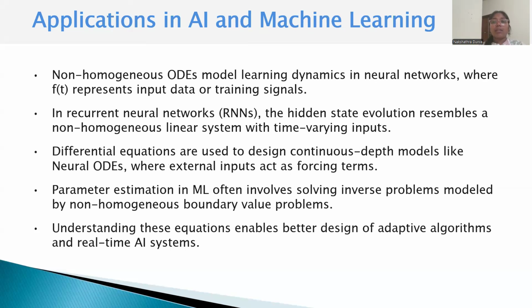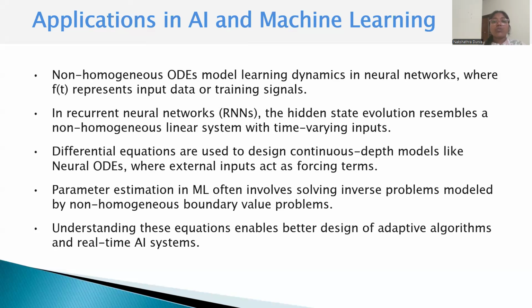Applications in AI and ML. Non-homogeneous ODEs model learning dynamics in neural networks, where f of t represents input data or training signals. In recurrent neural networks, known as RNNs, the hidden state evolution resembles a non-homogeneous linear system with time-varying inputs.